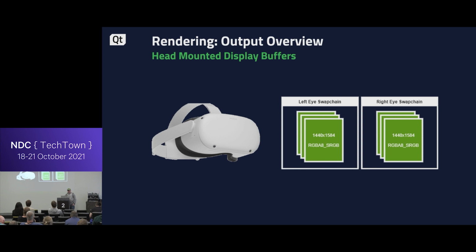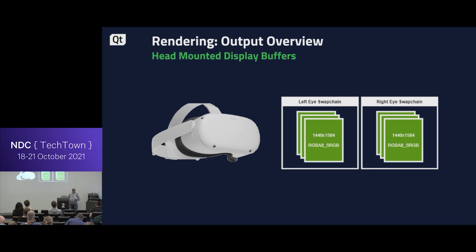Okay, so that's kind of the preview of the API. The actual details of the rendering depend on the headset, but for the most part, this is what it looks like. You have the headset, and there are two screens in the headset. Sometimes there's one screen and it's just splitting it, but in this case, it looks logically like two screens, and each one of these screens has its own swap chain.